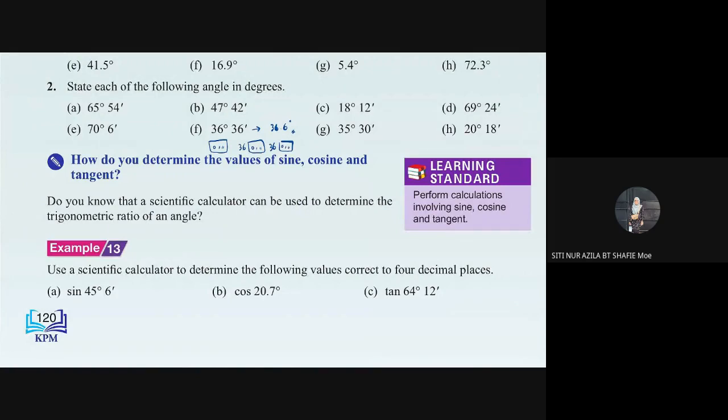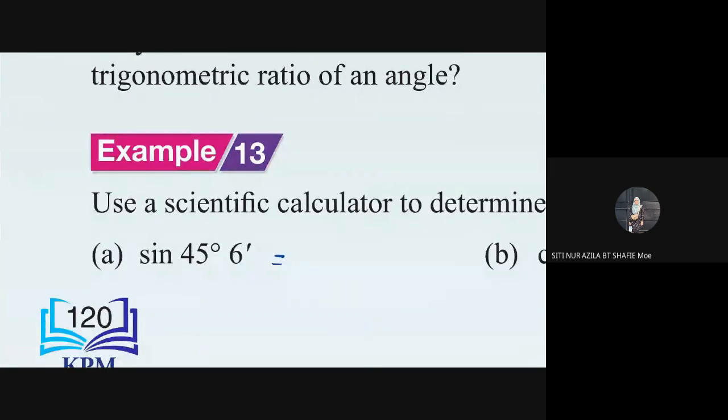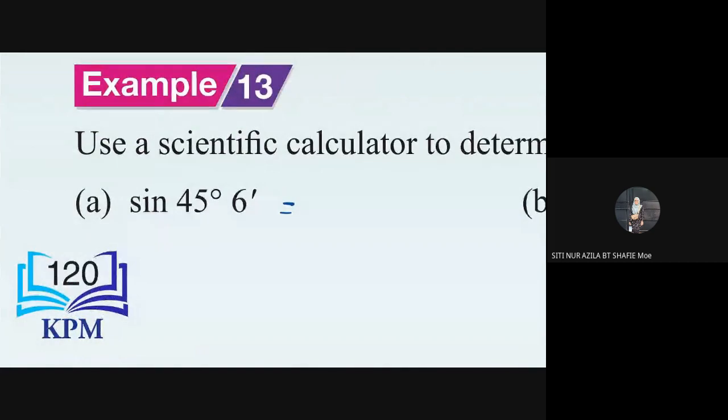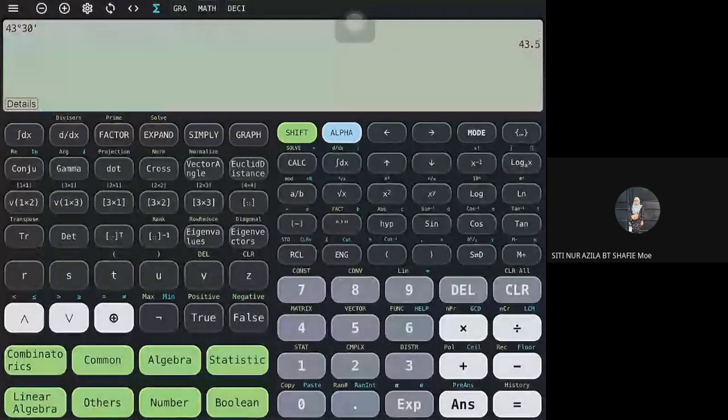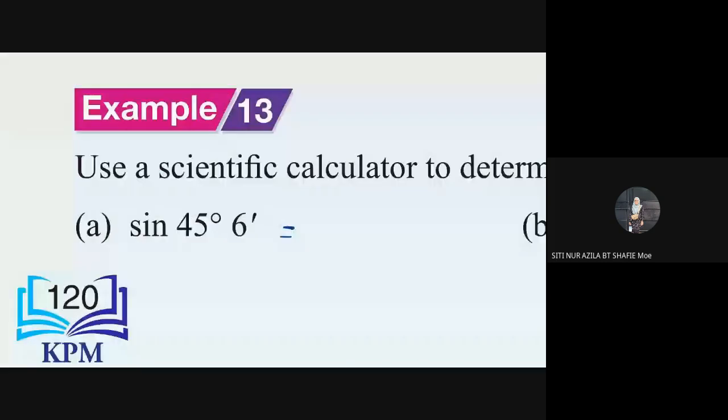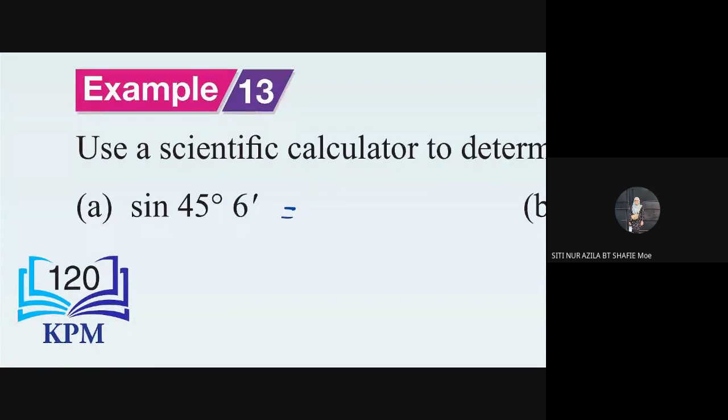Example 13. Use a scientific calculator to determine the following values correct to four decimal places. The question asks you to find the value of sin 45 degree and 6 minutes. With your calculator, you have the sin button here, right? Press sin. And then press the number according to the question, 45 degree and 6 minutes.